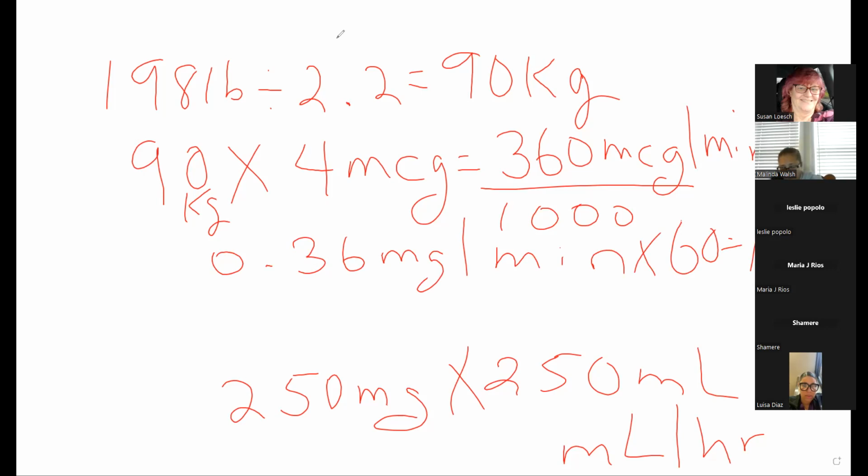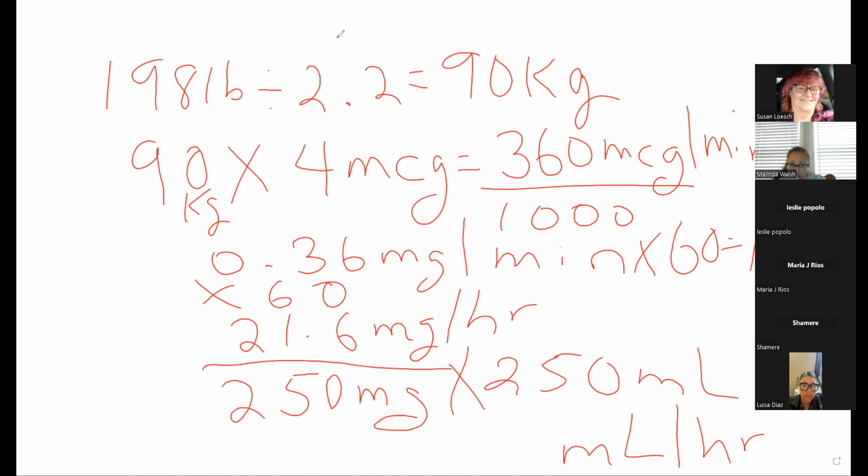Okay, so now we have 0.36 milligrams. We have to multiply also by 60 because you have to multiply both sides by 60. So that should give you 21.6 milligrams per hour, right?